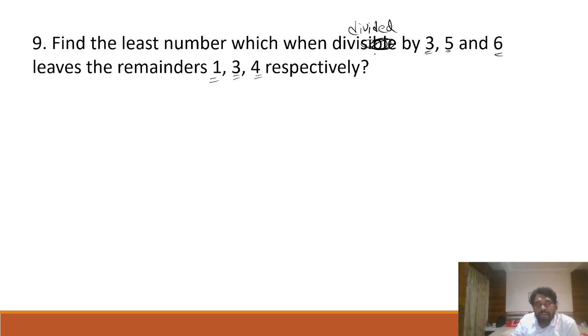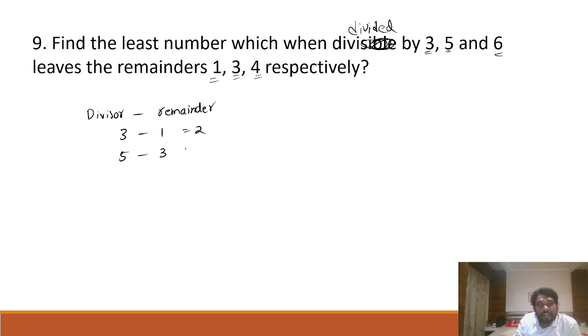When you divide by 5 you get remainder 3. When you divide by 6 you are getting remainder 4. So what you need to do, guys, is take the differences between divisor and remainder. So how to solve this question is take divisor minus remainder. So 3 minus 1, which is 2.